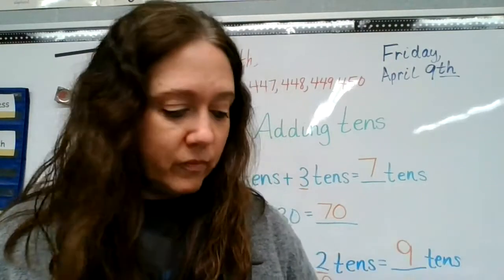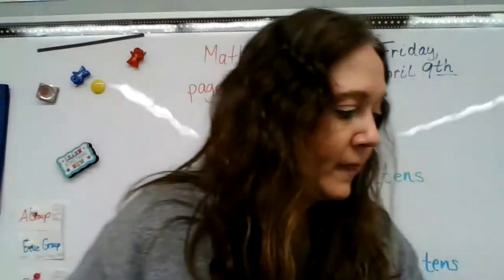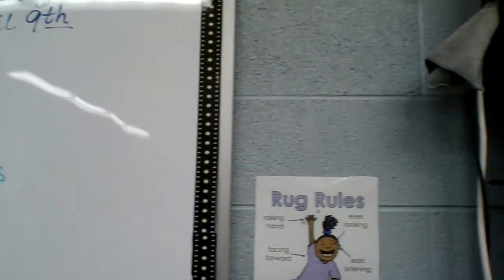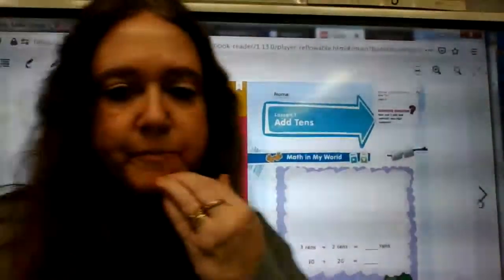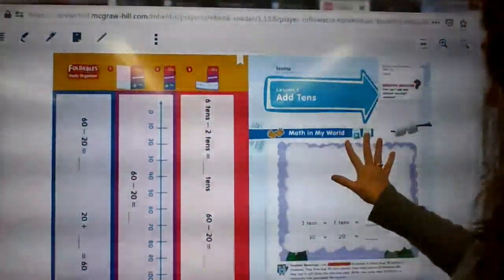So I'm going to scoot the cart over. I had a desk in the way. And we're going to look at this together, a little bit of it together. Okay, so adding tens. This is your page.